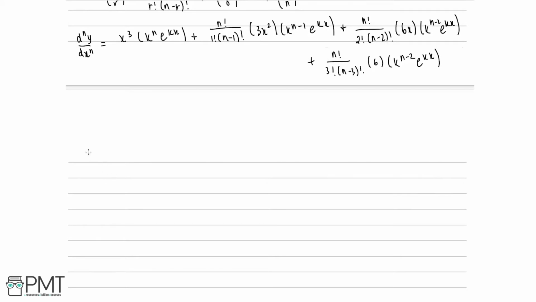So we have the nth derivative of y is equal to x cubed times k to the n e to the power of kx plus, well, n factorial all over 1 factorial times n minus 1 factorial will be n factorial over n minus 1 factorial. And if you recall what factorials are, n factorial is equal to n multiplied by n minus 1 multiplied by n minus 2 all the way to 1.